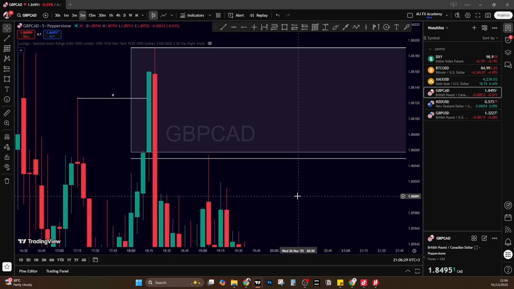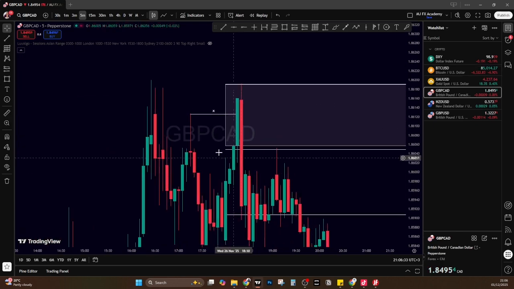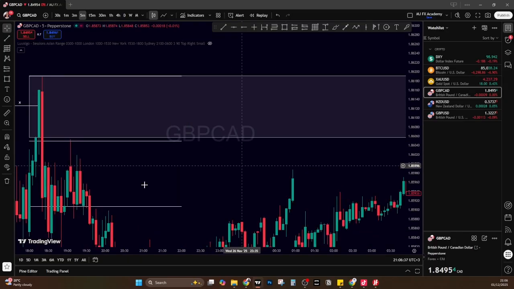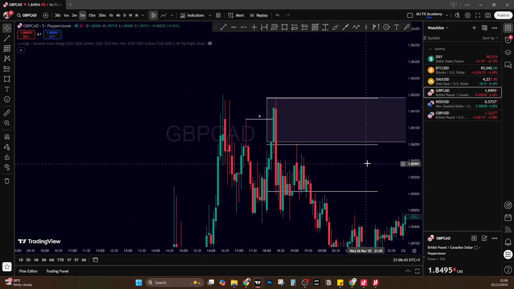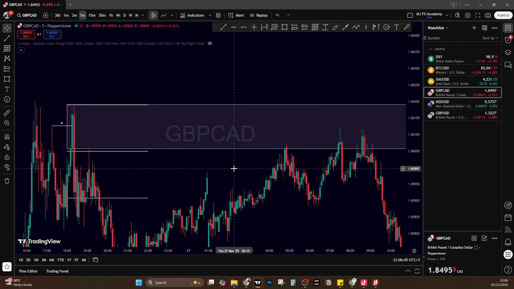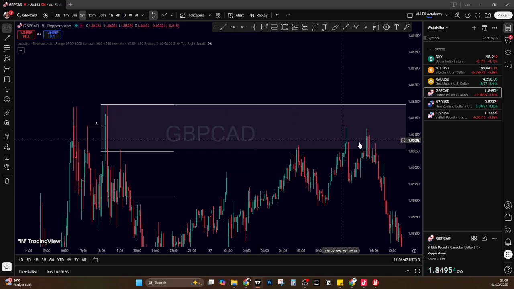That's how you refine order blocks in the lower time frame. Don't do that in the higher time frame. Now, look at this. The market came and created this inducement. Finally the market came and tapped to our order block.